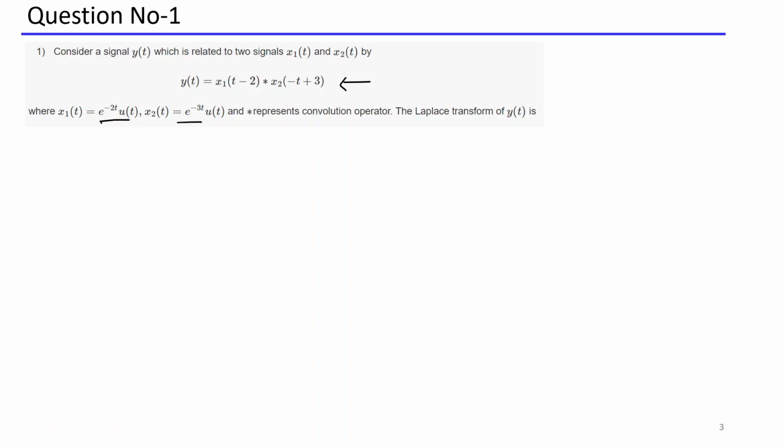So, how to solve this question? What is the idea to solve it? First of all, you have to understand what is meant by convolution. I'll tell you some of the major techniques to solve this question, not only by Laplace transformation but also the basic way of solving a convolution problem. When two signals are given, let's say x1(t) and x2(t), and this is the convolution operator, then we get some output y(t) in the time domain.